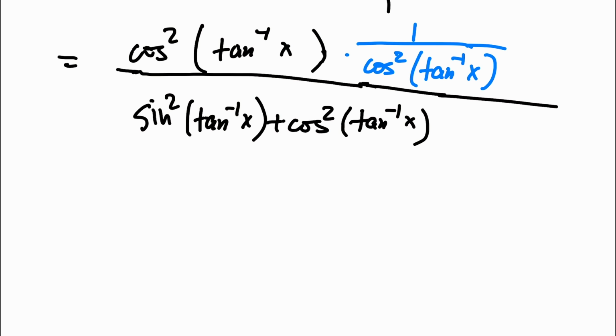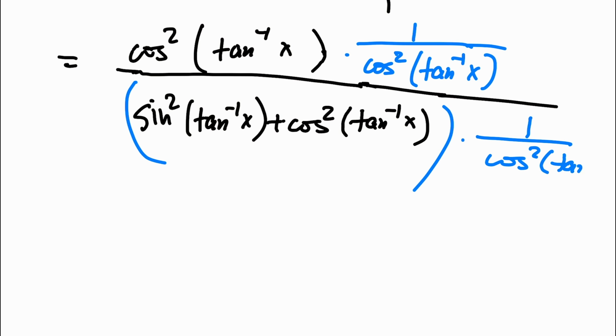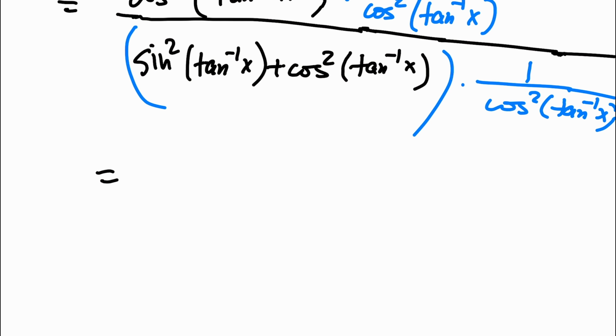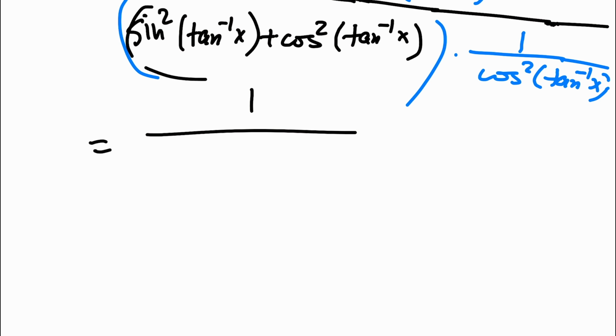So it will look a lot like this. Cosine squared of tangent to the negative 1 of x. And that effectively gets rid of the numerator. So that's just equal to 1. And the denominator, we can do this. So this will be that.